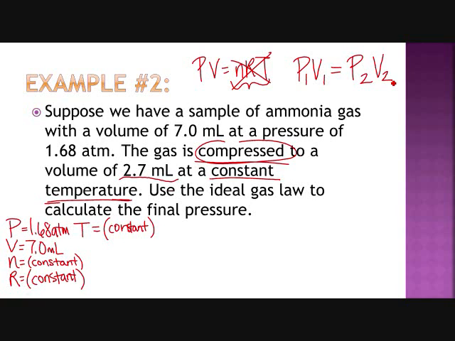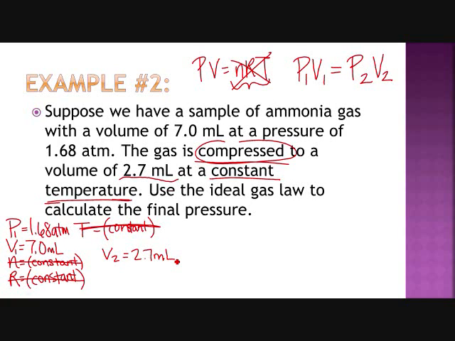Okay? So now I'm going to just label the two. I'm going to cross these off because they're constant. And I'm going to label the 1.68 atmospheres and the 7.0 milliliters as initials or ones. So then the other volume, the 2.7, is going to be a second volume. So that'll be V2. But don't we have to change it to liters? You could, but since we've changed our equation and we're not using the R value, we can leave it as milliliters.